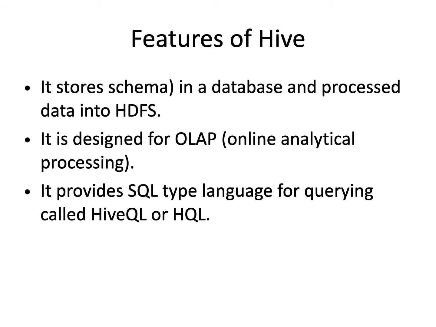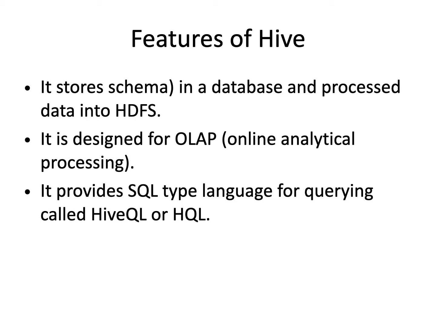Some of the important features of Hive are: it stores schema, which is the logical configuration of all or part of a relational database. Hive stores the schema in the database and processes data in HDFS, and it is designed for OLAP, which is online analytical processing.